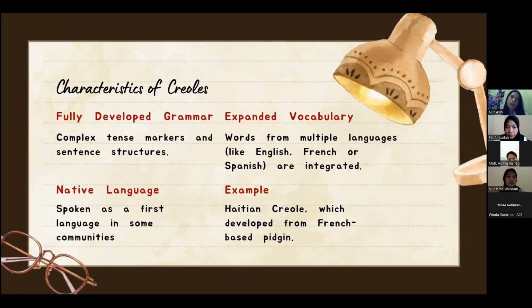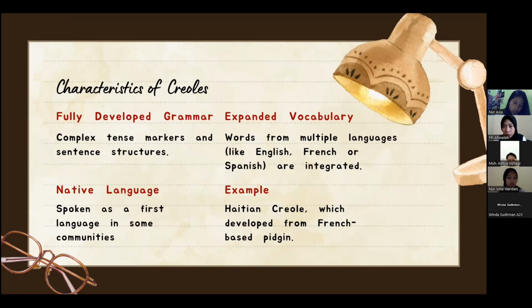Characteristics of Creoles: fully developed grammar, complex tense markers, and sentence structure. A Creole is a full language just like any other. It has more complex grammatical rules than a pidgin. For example, a Creole can clearly indicate when something happened in the past or will happen in the future.